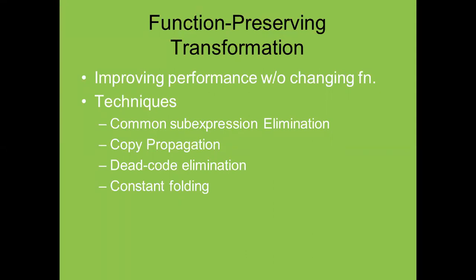You are applying some techniques. What are those techniques? First, common sub expression elimination. If there is some expression which is common, as you have earlier seen in the case of three address code, then that is called common sub expression elimination.